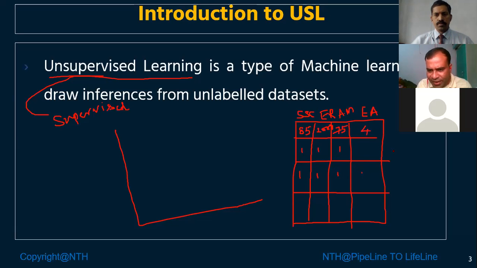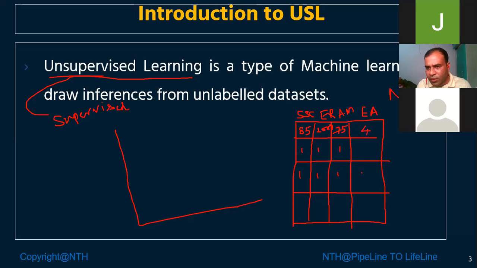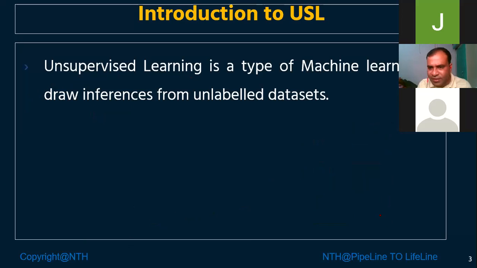Now, if you look at this data, it does not have a label. This data doesn't have any kind of label, meaning whether the student is good or bad. Good would be a 1 and bad would be a 0, but I'm not going to consider this labeled data.